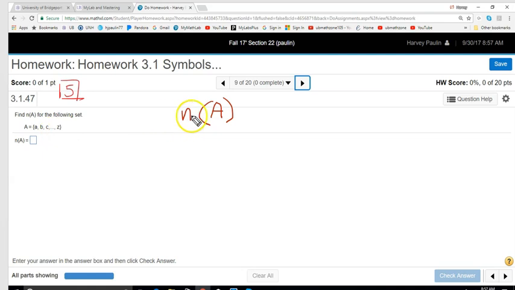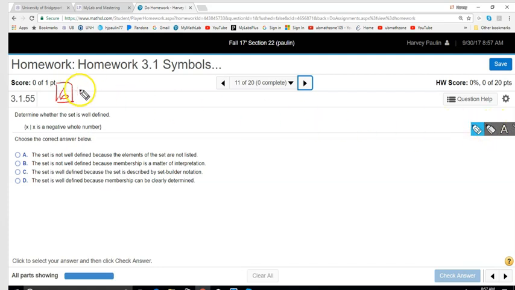Well, this refers to cardinality of a set. That is, how many elements are in the set. And what do you say? Again, there's 26 letters in our alphabet, so this would be 26.